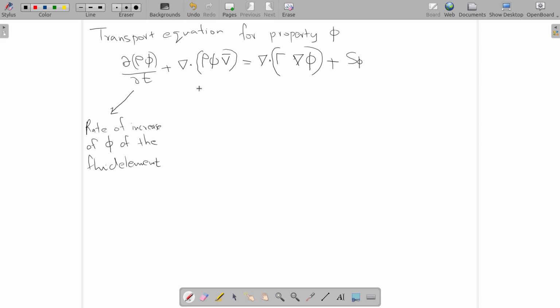And del dot rho phi v, v being the vector, that term represents the net rate of flow of phi out of the fluid element.